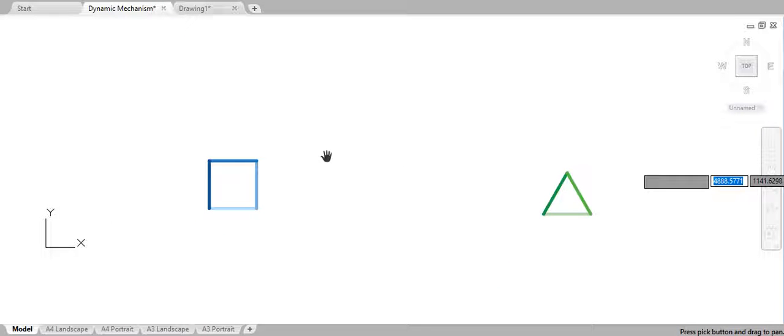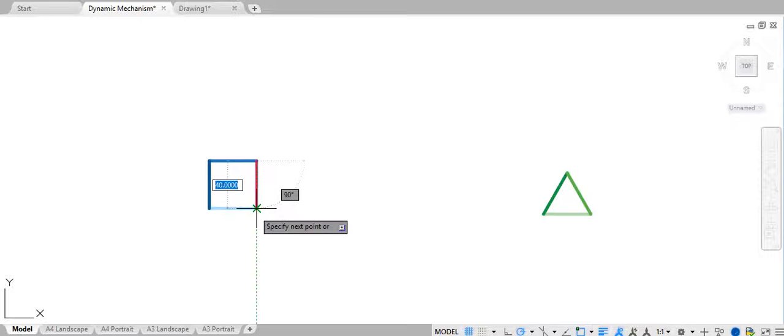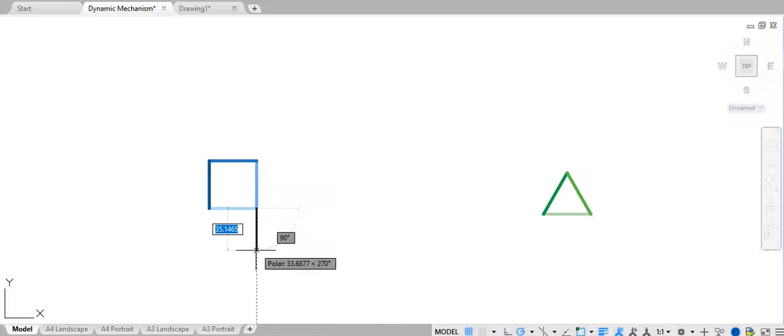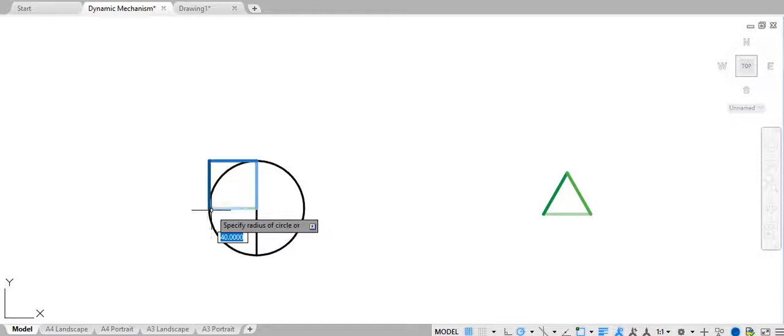So for a square here, it would be simple. The square is 40 centimeters long, so the first point here would go to 40 centimeters, and this would be the first wrap of the circle here.